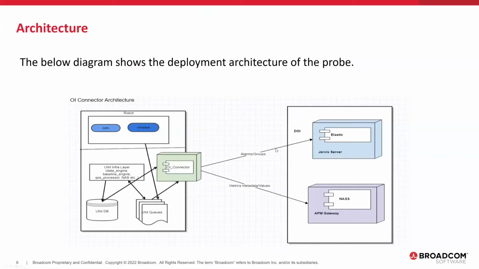As you may notice, there are two different arrows, but in a real deployment it's just one connector endpoint, which is your APM gateway endpoint. That will then internally route the messages to Jarvis for storing the alarms into Elastic, and to NAS for storing the QoS and related metadata.